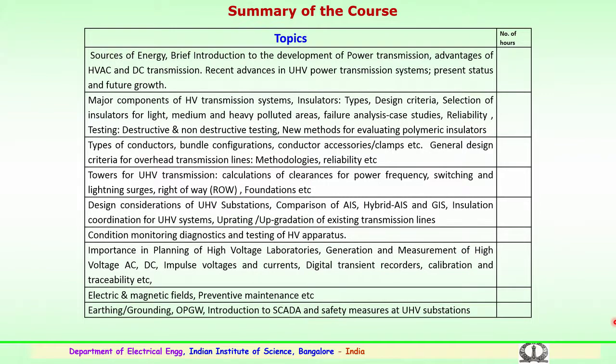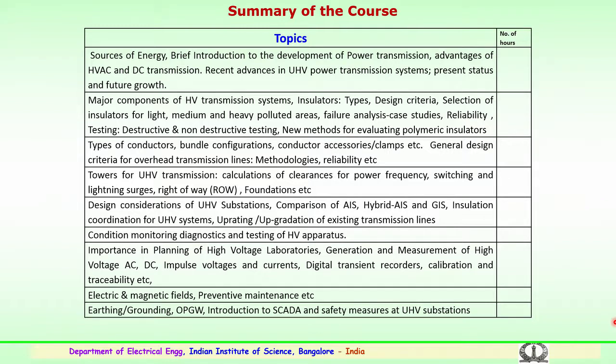So, the generation of very high AC voltages by using a cascade transformer, DC using a Marx circuit generator, Marx generators and impulse again, were discussed, and the importance of measurement of high voltages for all the AC, DC and impulse currents was also briefly discussed.